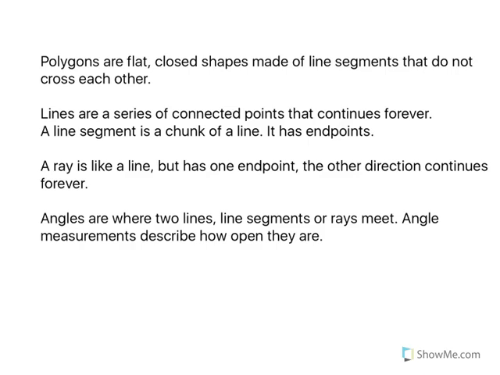So one thing that we talked about were polygons, and polygons are flat, closed shapes made of line segments that do not cross each other. So, for example, that's a polygon.